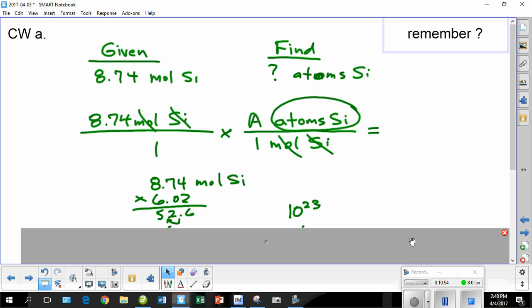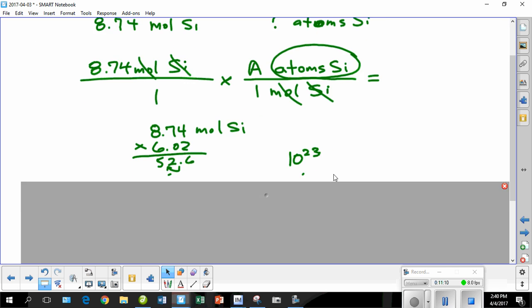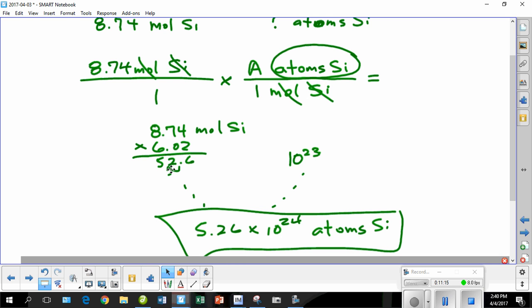So we go down here, and this is the result of this multiplication, the 6.02 part of A times the given. And this is just the power of 10 in the A number. Now they come down and join together. After we change the decimal back here, we're going to have to increase this by 1, and that's our 10 to the 24.